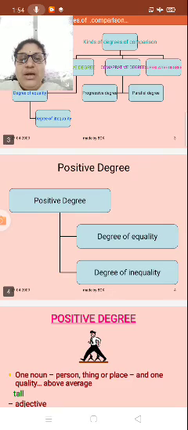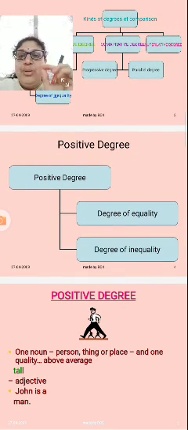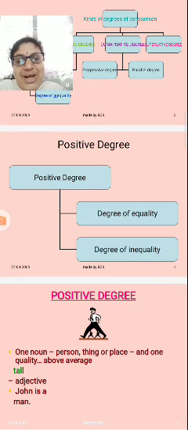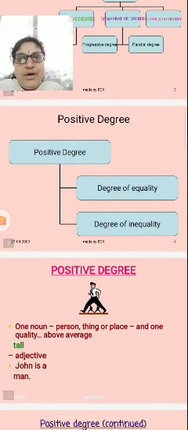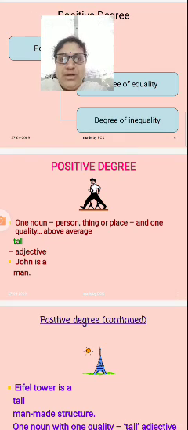We are going to see this clearly. The positive degree is the degree of equality and the degree of inequality. So what is the positive degree now?